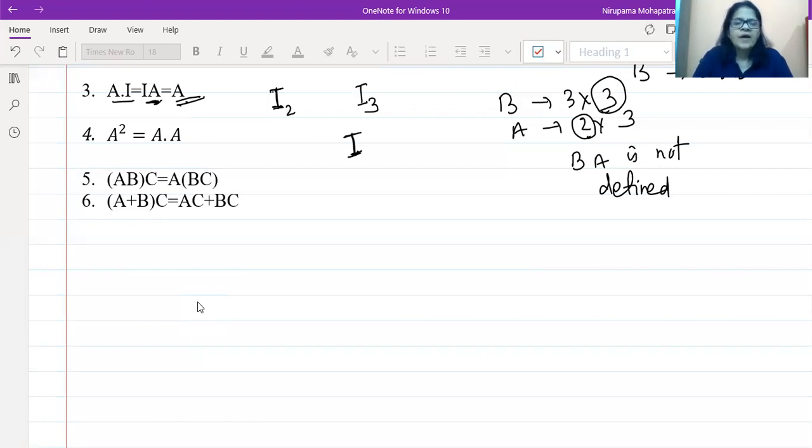Okay, and the next property, A square. Here the square of any matrix doesn't mean squaring each element of the matrix.